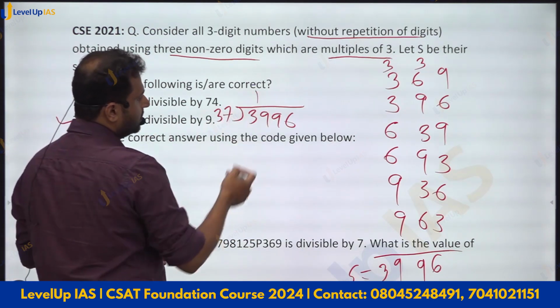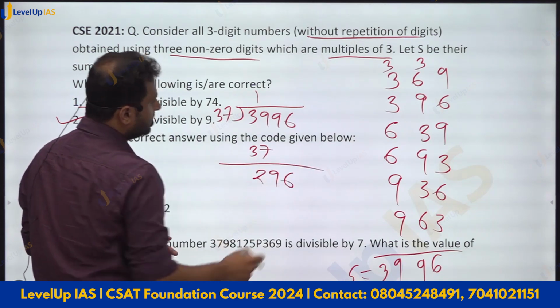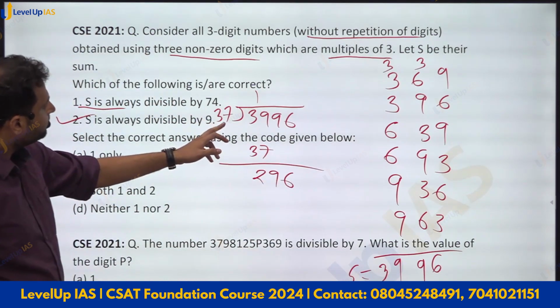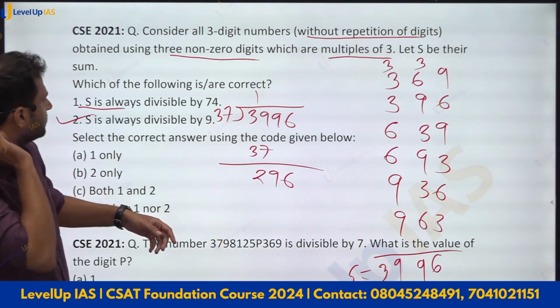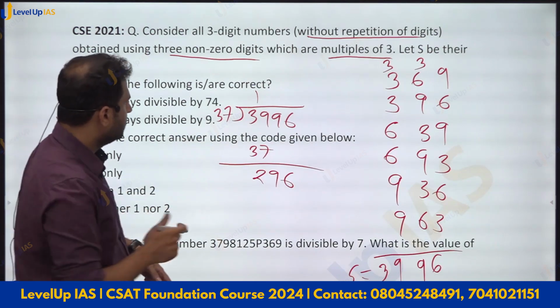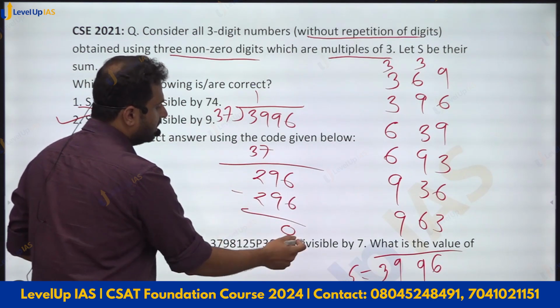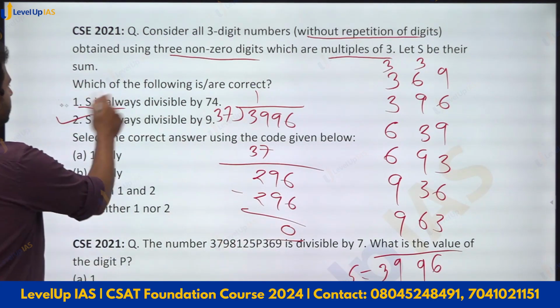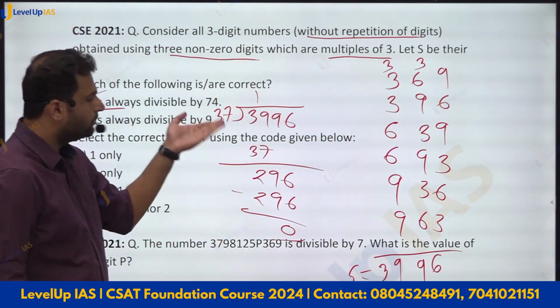You can see 37 ones are 37. You subtract 37, you get 296, and 37 into what will it be? 8, I think. 37 into 8 is 296 in fact, and you get remainder as 0, and this is also true. So this number is indeed divisible by 74 and 9.